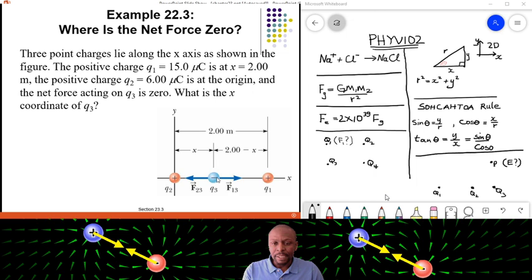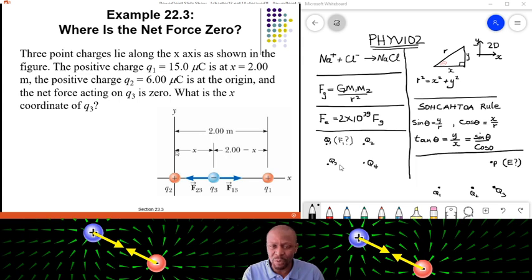Coulomb's law. But I must also state that you are not going to be showing this in the equation. This is what you just have to think about. If you know the distance where Q1 is placed, it's 2.0, and because I don't know the value of x at which Q3 is placed, I will just call that x from the origin.